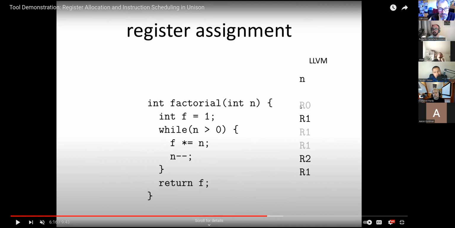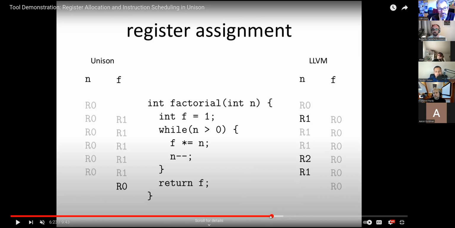It moves n from R0 to R1 directly at the beginning. There is this strange move from R1 to R2. I don't understand. There is no benefit in doing that, but it does that as well. And then it keeps f in R0 all the way. And I mean, if you consider these 2 choices, they're kind of opposite, but if you consider them from the pure register allocation perspective, it's not clear which one is better, right?